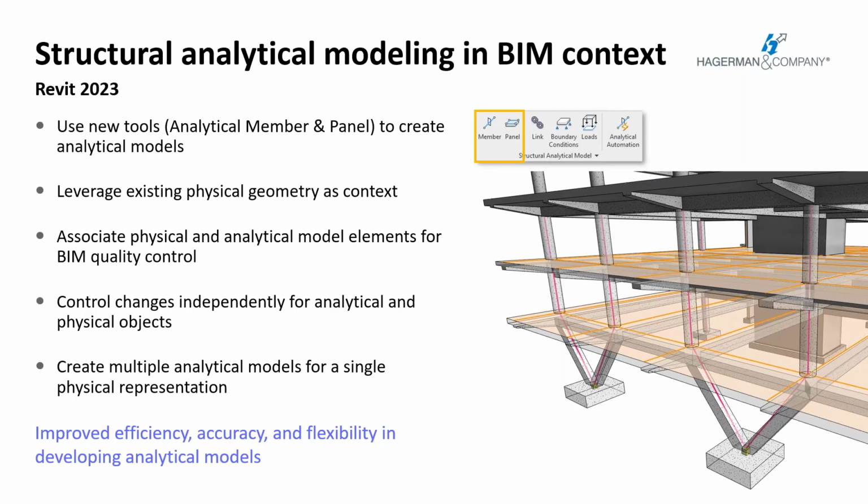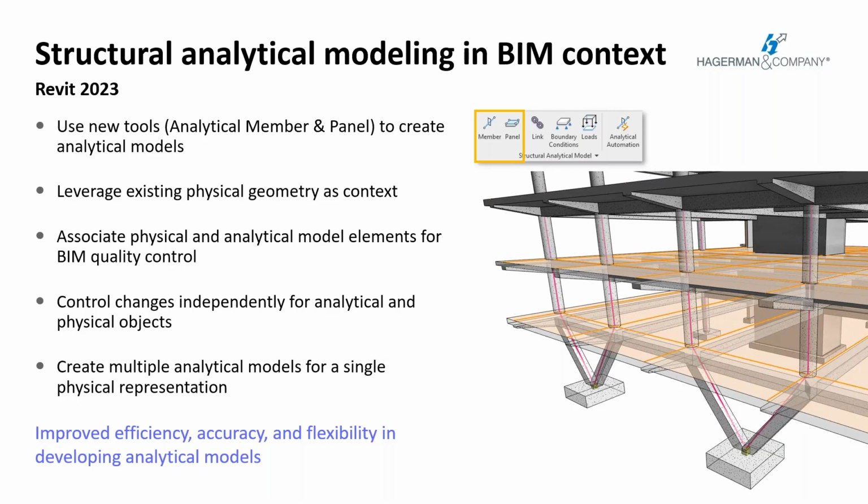When modeling analytical elements, you can now assign their structural role, type, profile, shape, define their cross-section, rotation, and specify how these elements should be analyzed. To keep track of the relationships between physical and analytical model elements, you can easily associate them to each other. Once this is done, associated elements are highlighted upon selection.